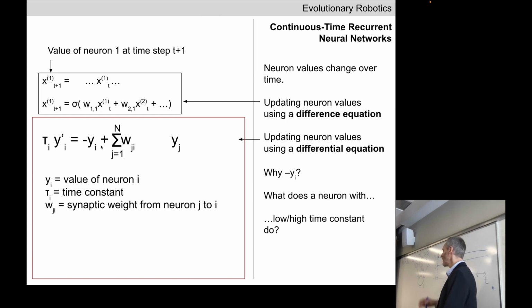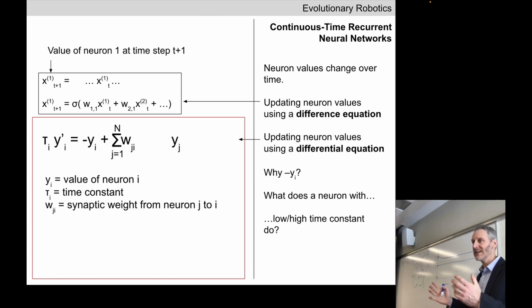We no longer have input and hidden and output neurons. We just have neurons, and every neuron is connected to every other neuron, including itself. This is w sub ii, a neuron with a self connection. It's a special kind of recurrent connection.